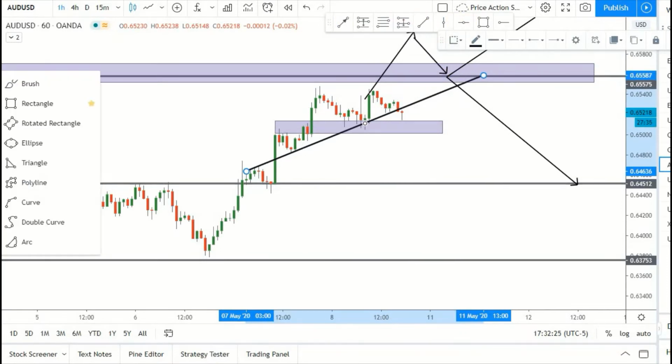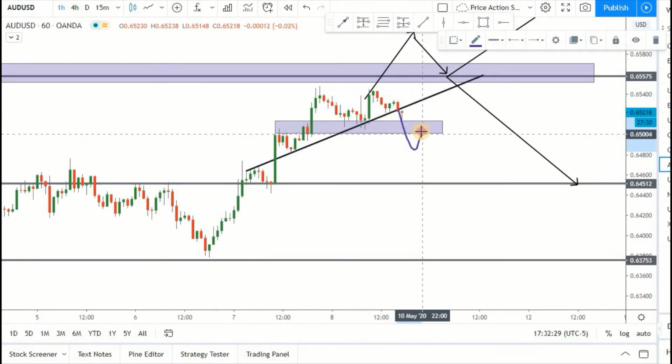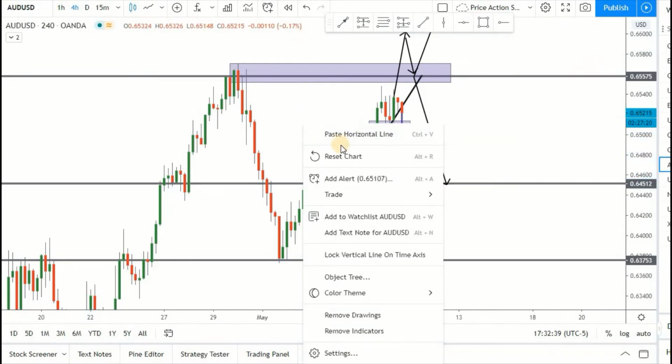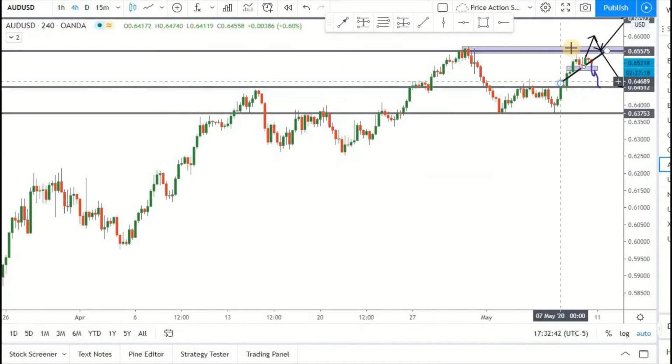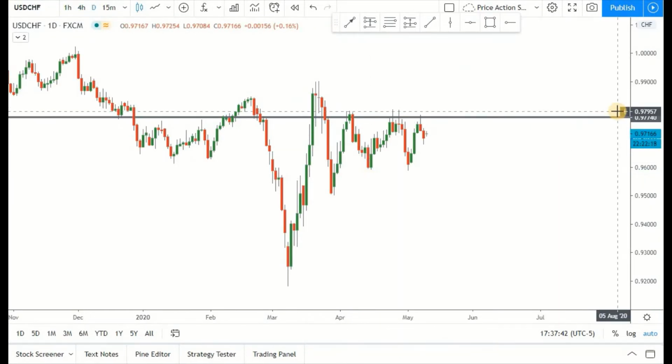Could possibly see price break below here, come back, retest, and go down. It's all about probability, guys. So we will definitely need to pay close attention to what happens when price reaches the zone of 0.65575.